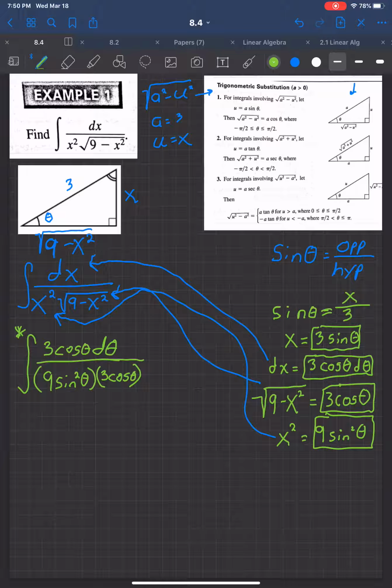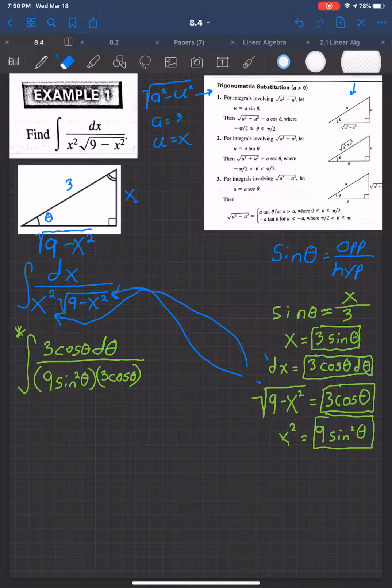Just remember, this was a shortcut, right, to use theta. When we're done, we have to get back to in terms of x. If our question was in terms of x, our answer should be in terms of x. And so let me get rid of these arrows and keep going here.